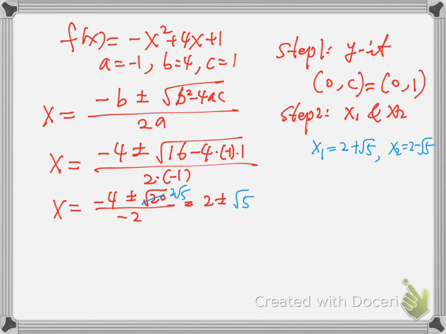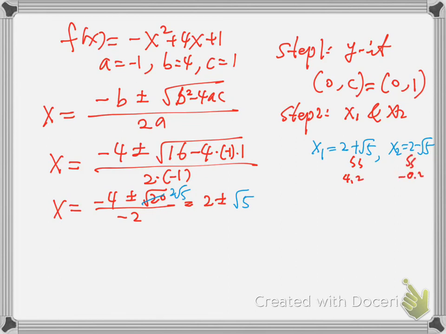So in this case, we can change them to decimals. What is radical 5? Radical 5 is about 2.2. So this is about 4.2, and this is about negative 0.2.